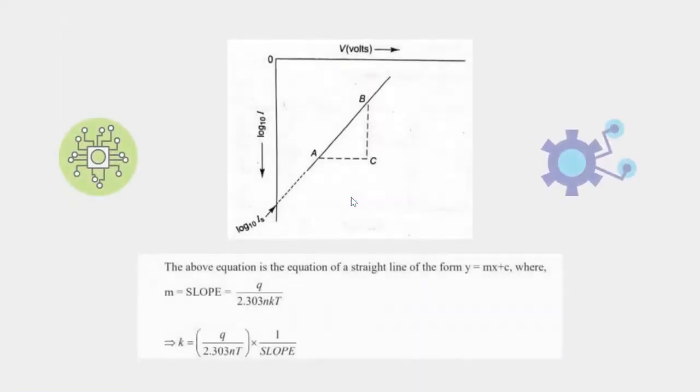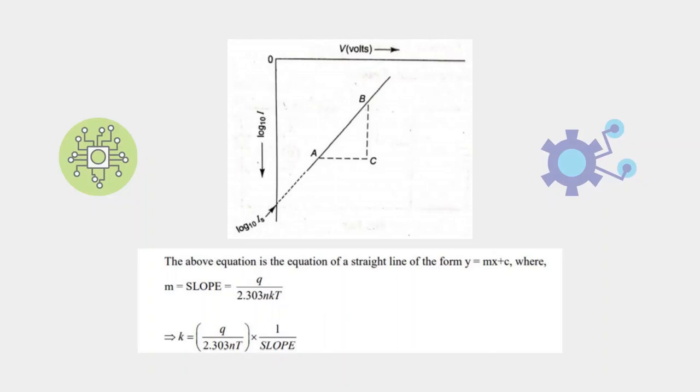So in this slide you see that the above equation is the equation of a straight line in the form of y equals mx plus c, where m is the slope of the curve.